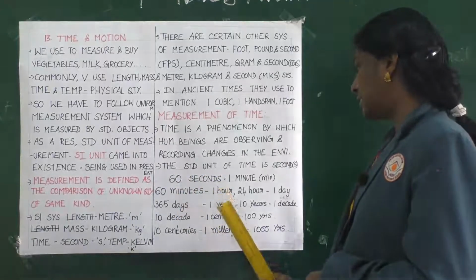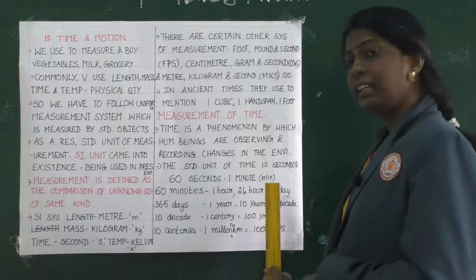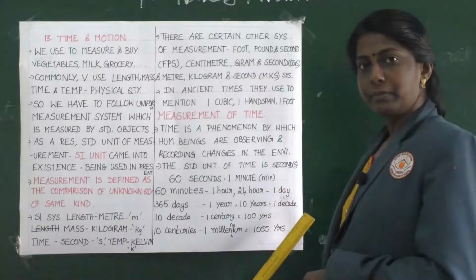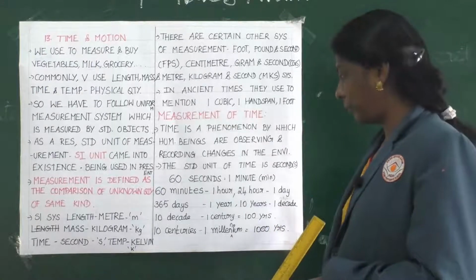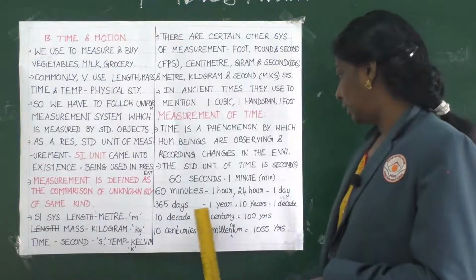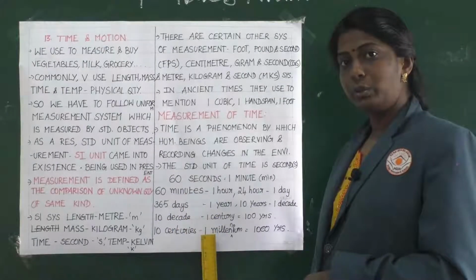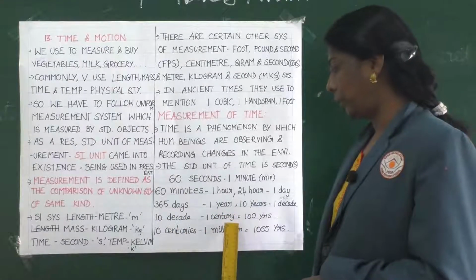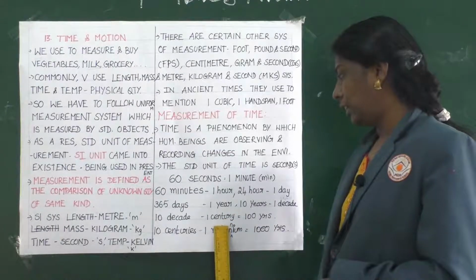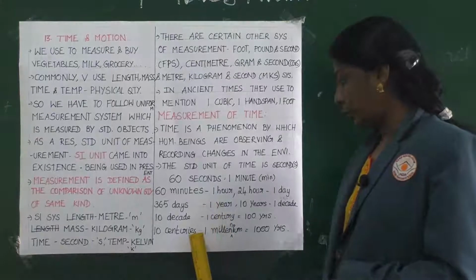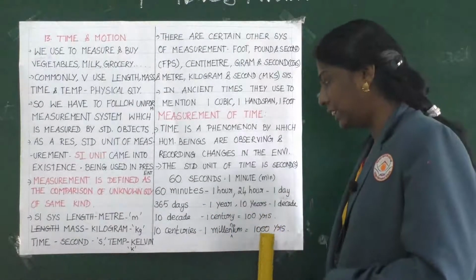Then 10 years is equal to 1 decade. Then 10 decades is equal to 1 century, that is also equal to 100 years.